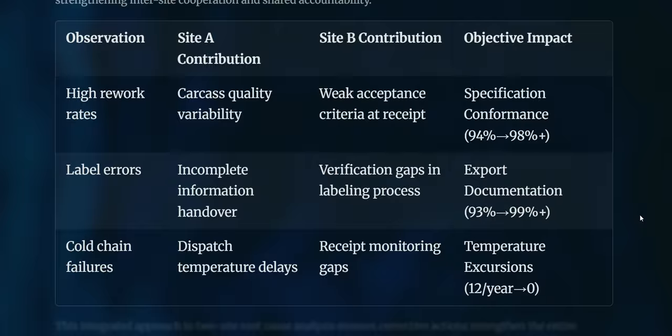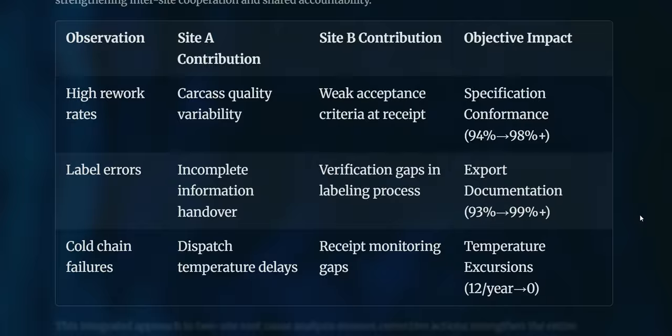Second observation is label error. Site A's contribution to label error includes incomplete information handover. Site B's contribution to label error includes verification gaps in labeling processes. The objective impact with label error nonconformance is export documentation error.